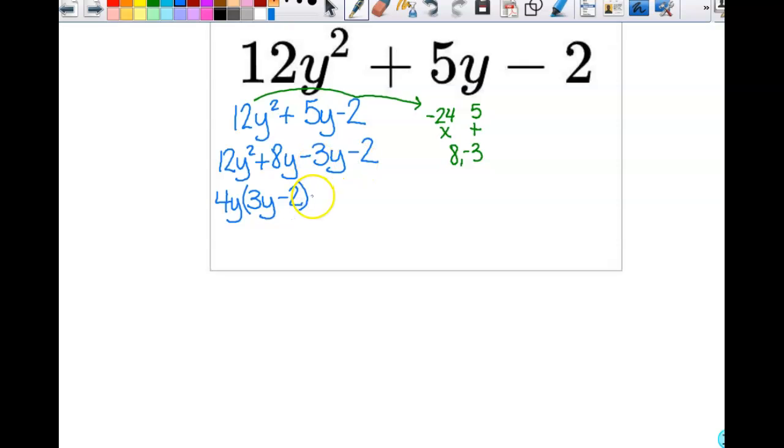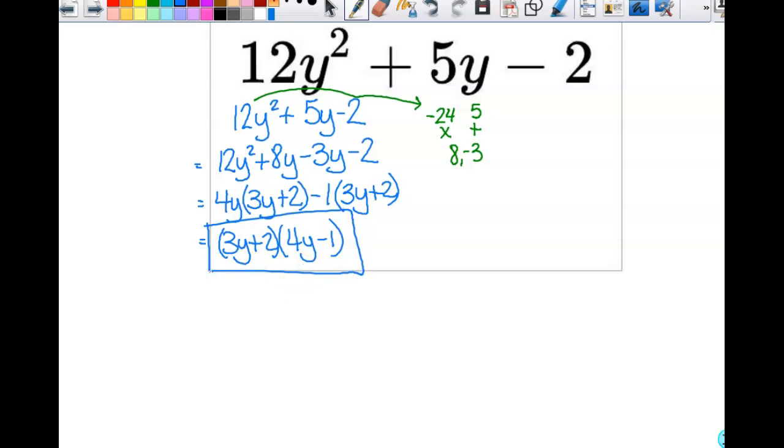Out of these two, I can factor out a -1, leaves me with the 3. Oh, that should be plus 3y plus 2. So in the end, I get 3y plus 2 times 4y minus 1. There you go.